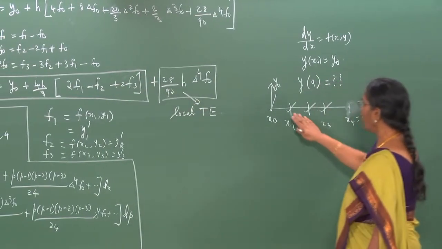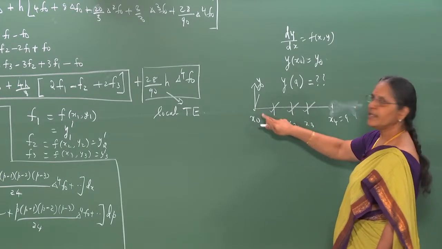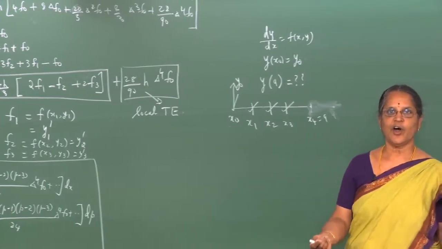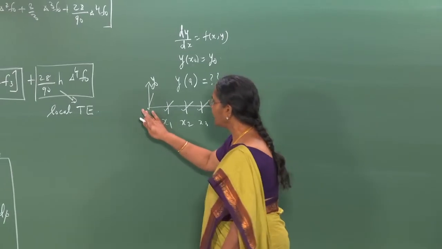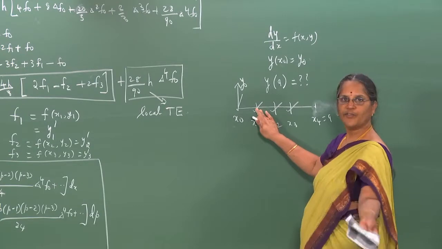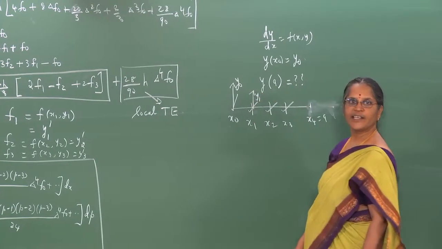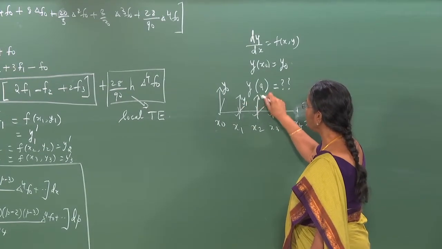So, what you do is you make use of either Runge-Kutta method of order 4 or Euler's method or Taylor series method, march from x0 to x1, obtain the solution by any one of those techniques and get the information here, call it y1, and do that for each of these points.